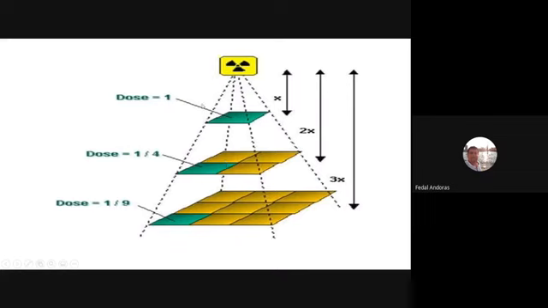So this is very, very important. The law, you have to understand it. Increasing the distance is inversely proportional to the intensity. Doubling the distance, the intensity goes down to a quarter.